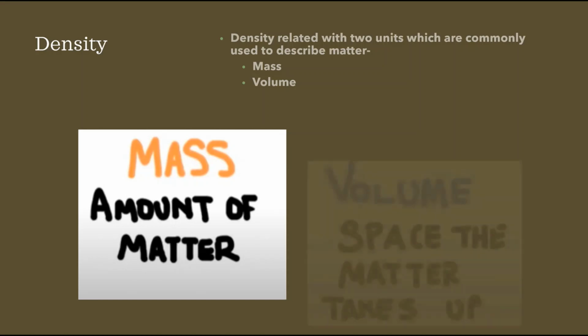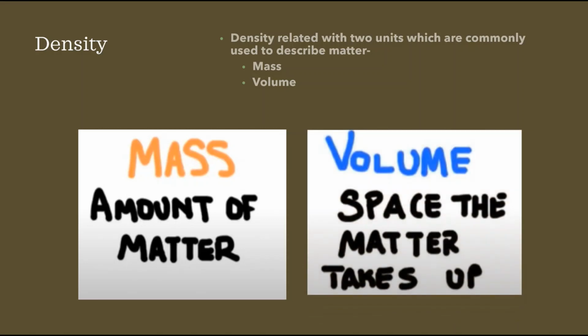What is volume? Volume is the space that matter takes up. The most commonly used units are milliliter for liquids, and centimeter cube or meter cube for the volume of solid materials, right?